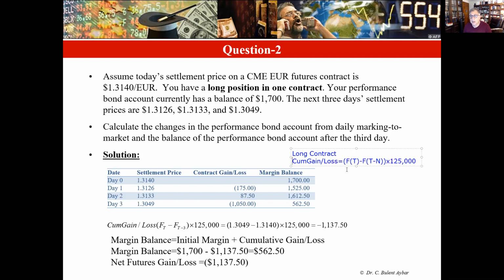The long contract cumulative gain or loss is given as F_(T minus N) times 125,000.